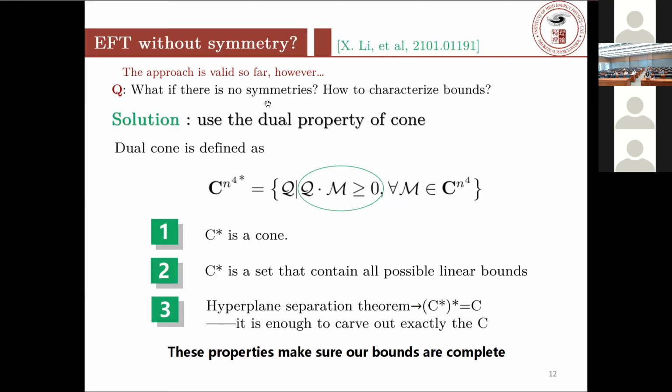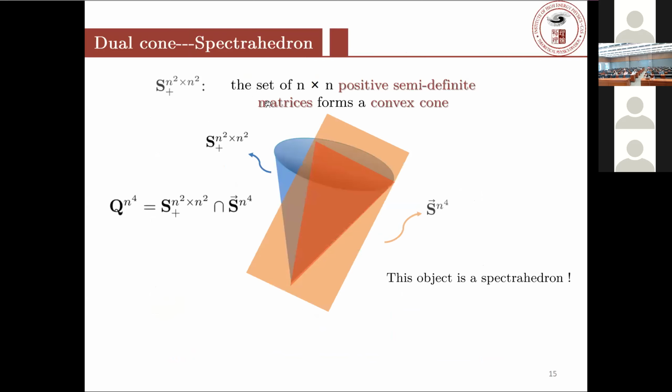But if we use the dual space, the spectrahedron is a well-defined object, so we can use a lot of mathematical methods to get the bounds. I think it's very convenient because in our examples we have made good use of it.